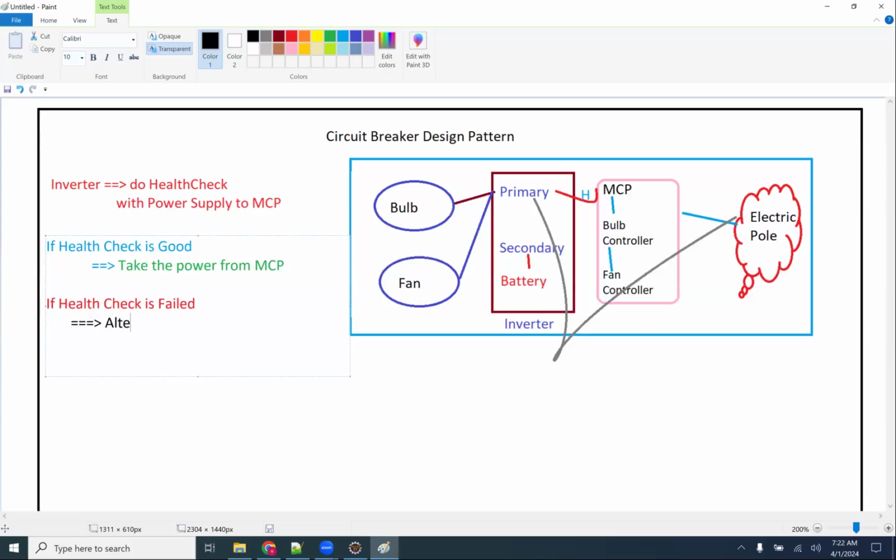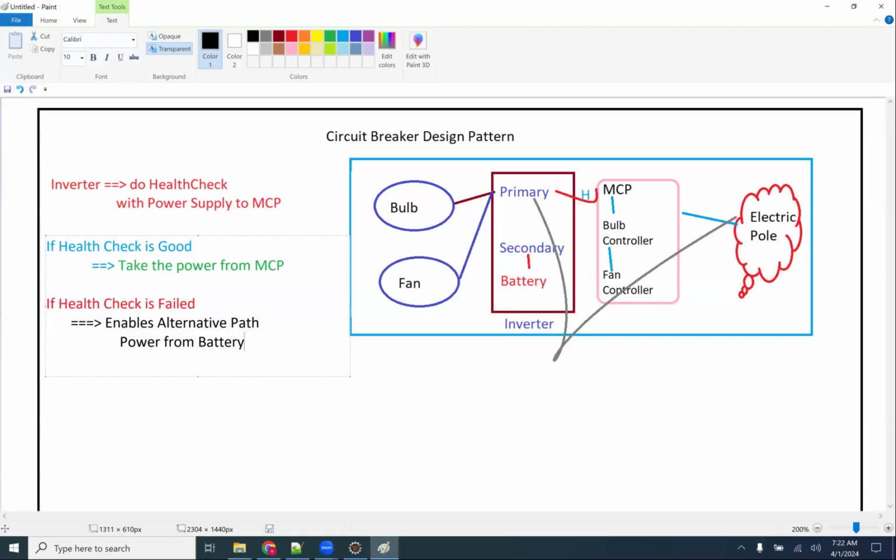Alternative path. Enable the alternate path. What is the alternate path here? It will take the power from the battery.